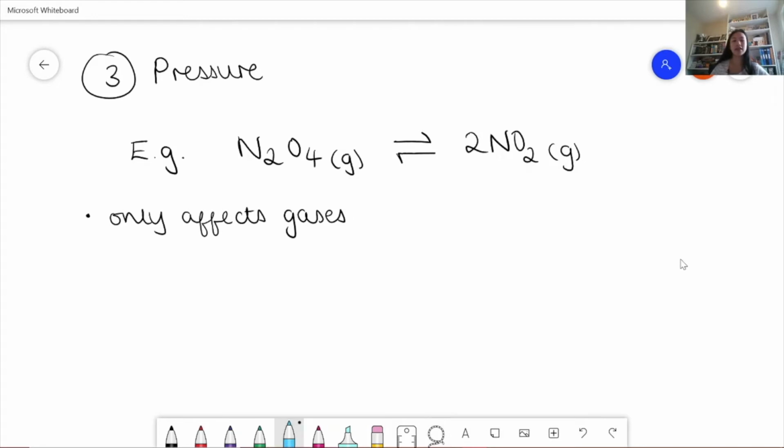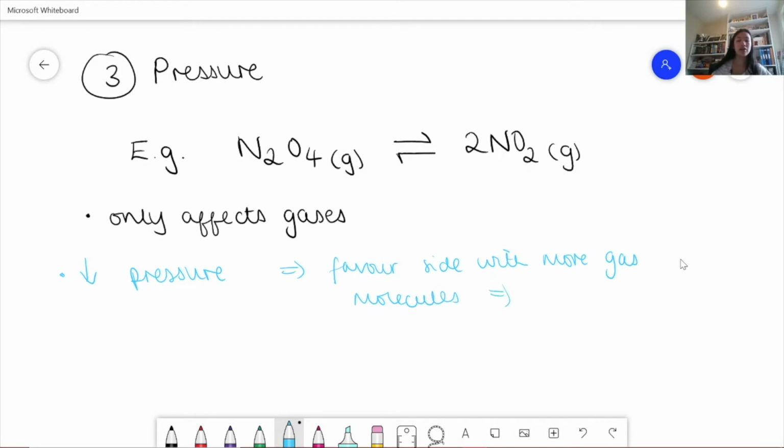Because if we decrease the pressure, because we have less moles of the N2O4, we have 1 of them compared to 2 moles of the NO2, then it will favor the side with the more gas molecules, and that turns out to be the 2 NO2 side. So that means that the equilibrium shifts to the right.